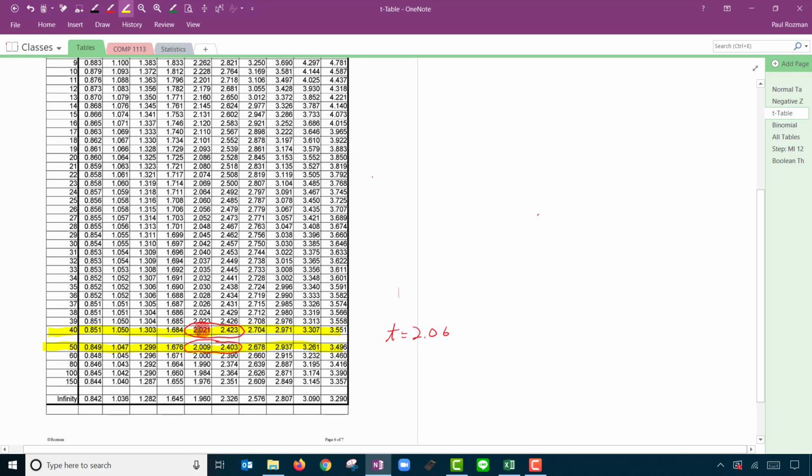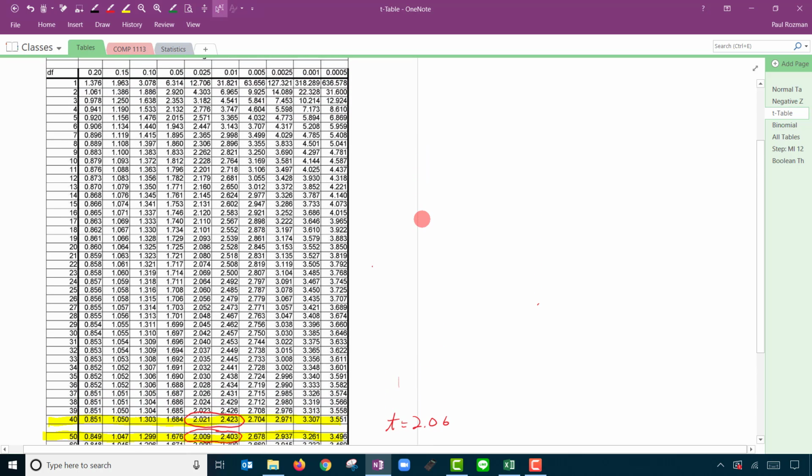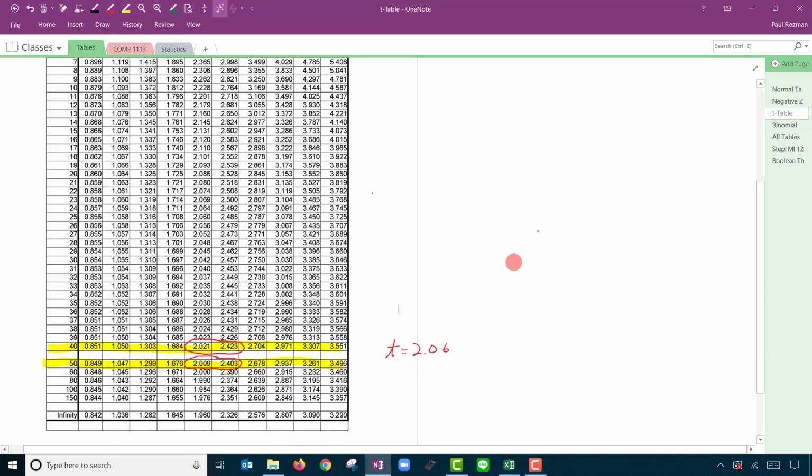So if it's between these two values at 40 and it's between these two values at 50, it must have been between these two at row 49, which corresponds to probabilities of 1% and 2.5%. So the table's kind of rough there, but we did the best we could.